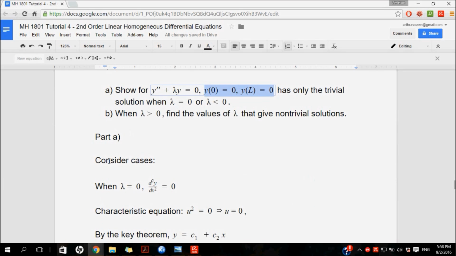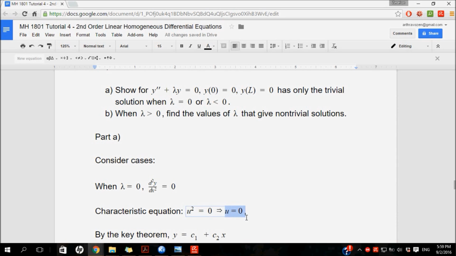Let us begin. We'll consider two cases. When lambda equals to 0, you see our differential equation simplifies to give us this. The characteristic equation is just u squared equals to 0, which implies u, the root, equals to 0.